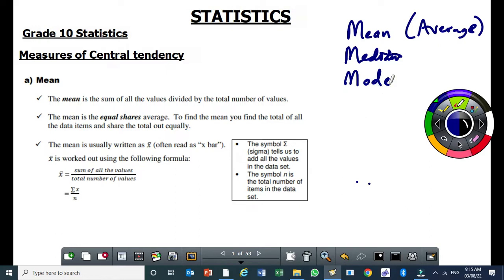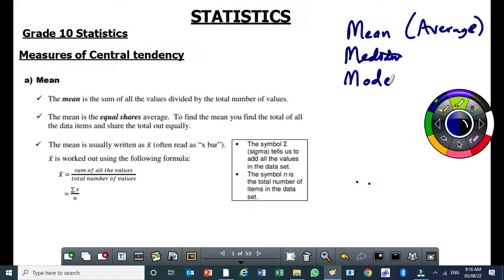Then we also have what's called the mode. You were taught this as well in grade 9. The mode is the number which appears most often in a data set. For example, let's say in this class, out of 26 of you, there are 5 people who have got 35%. That 35% is going to become the what?